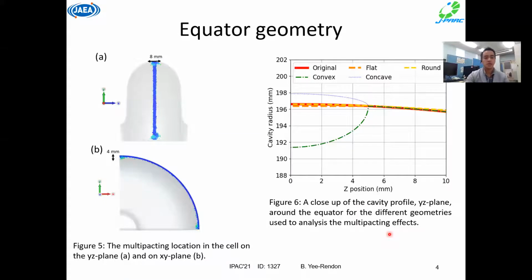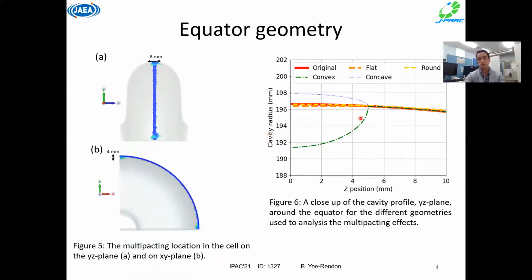For this type of cavity, the elliptical one, we can see that the multipacting area is around the equator. Therefore, to find a way to mitigate it, we consider the idea of changing just the geometry around the equator of the cavity to see if this can reduce the multipacting. However, we need to be careful because if we modify the geometry, we can also change the performance of the cavity.